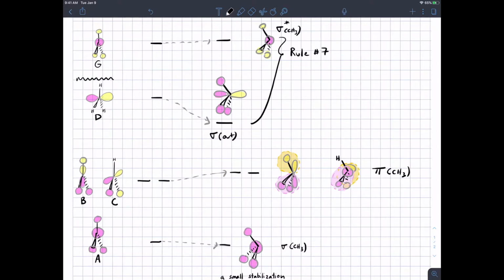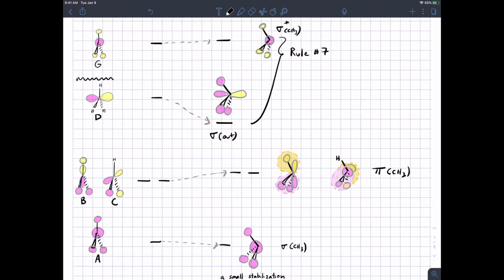And actually, it makes sense a little bit when you think about the relative energies of s versus p orbitals, right? If we're going to fill this sigma out orbital, it has p character here, whereas the sigma star has s character on the carbon. Of course, we'd like it to be the other way around, where the lower energy orbital has more s character, so that the electrons can be held closer to the nucleus and be more stable.